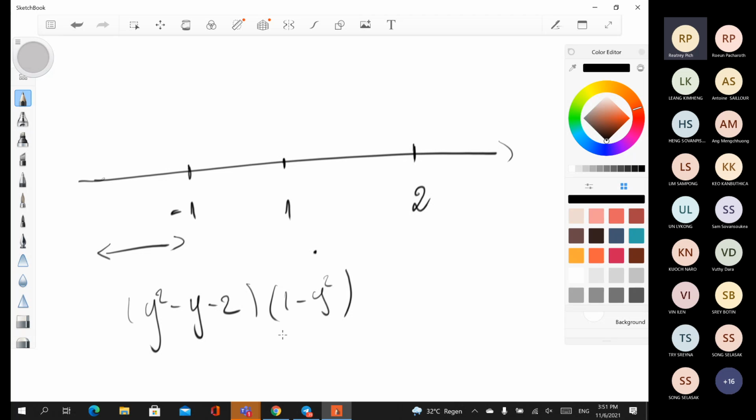From minus infinity all the way to -1, negative. Why?